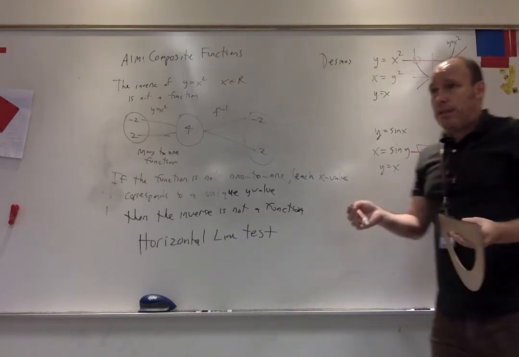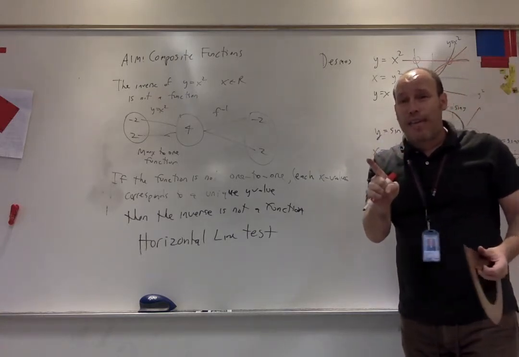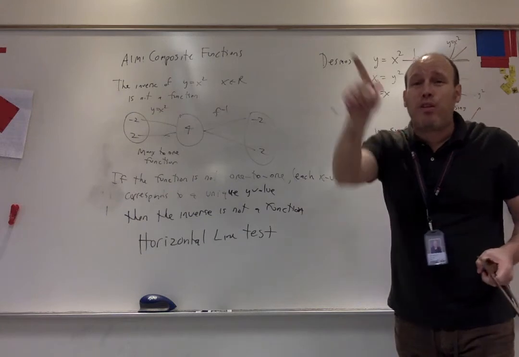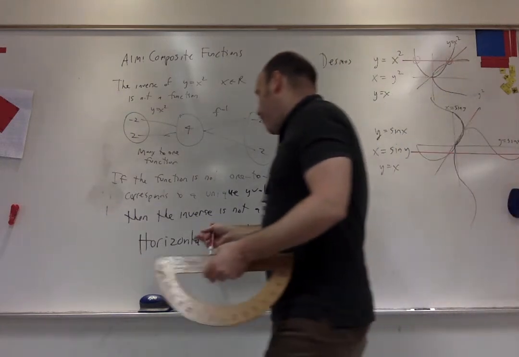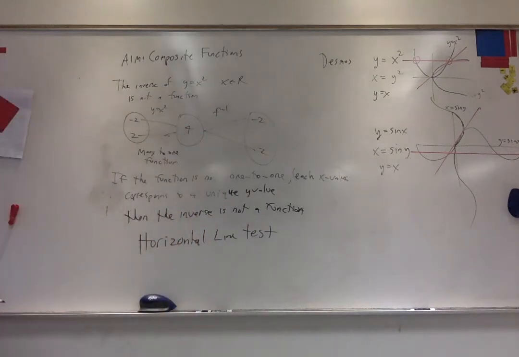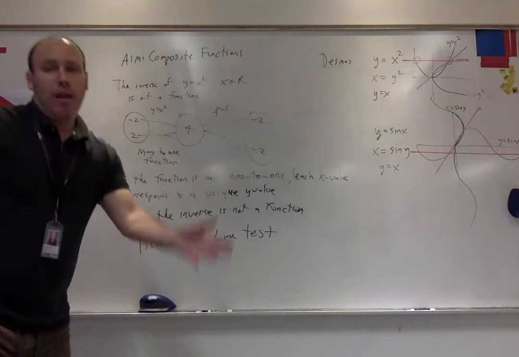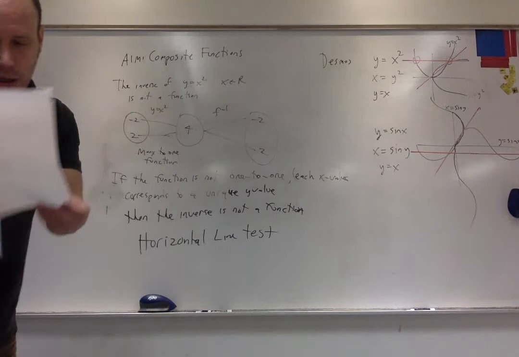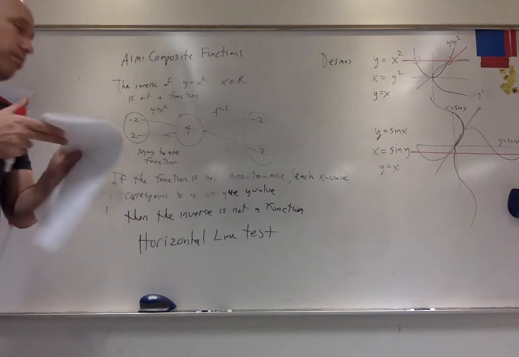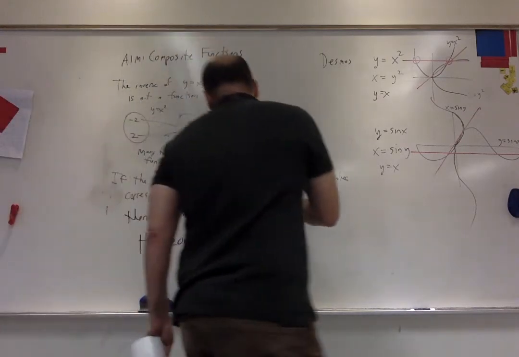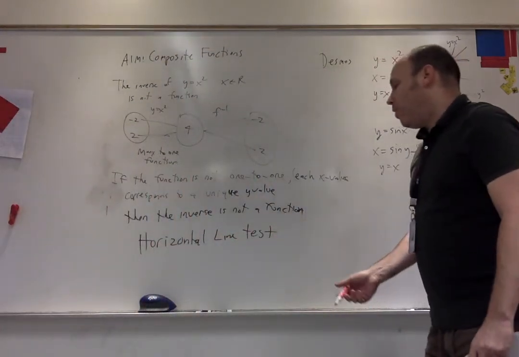That means there's just one y value in the inverse that is going back to all these x values. We can't have that. So we use the horizontal line test.